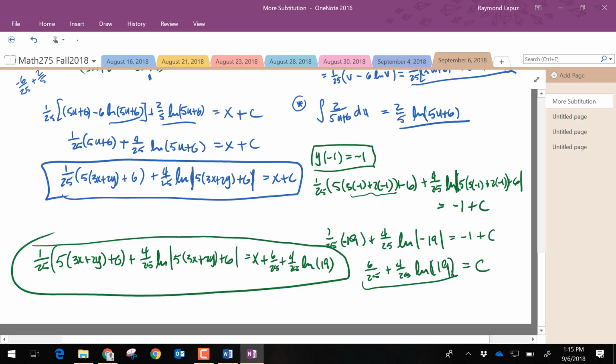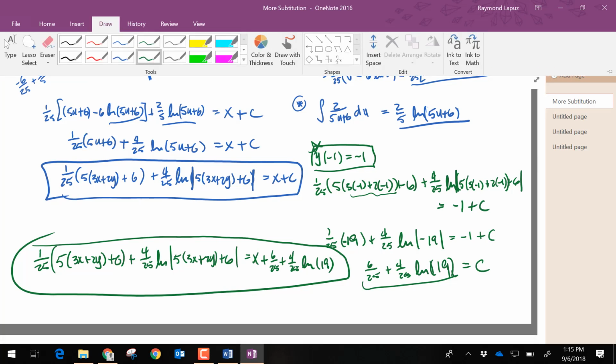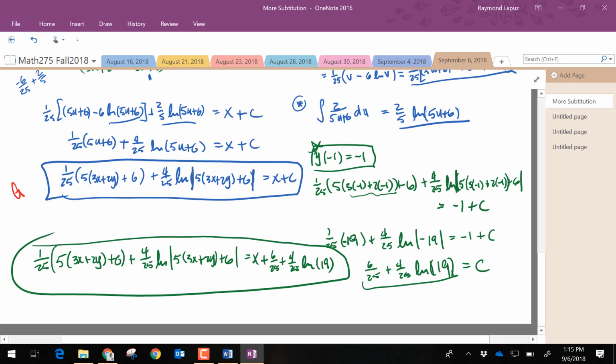This would be your particular solution now. This would be your solution after you found the C, and you found the C from your initial condition. So this is our general solution in the blue with a plus C, and this is your particular solution.